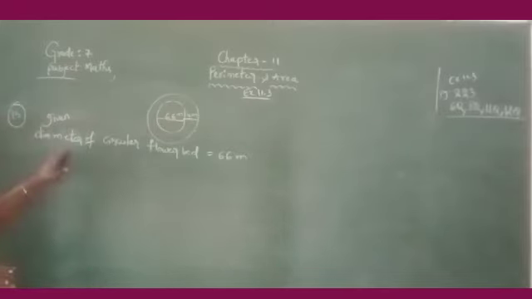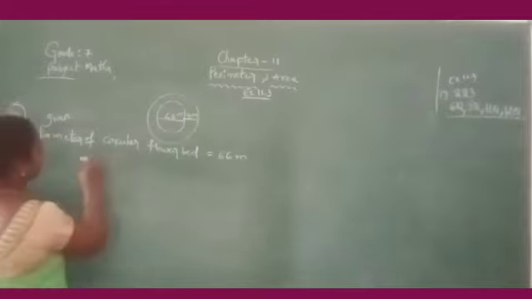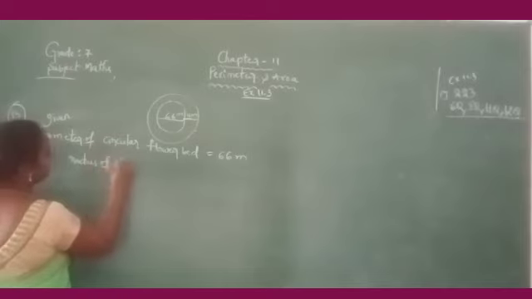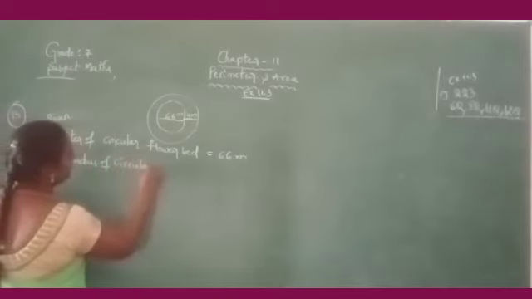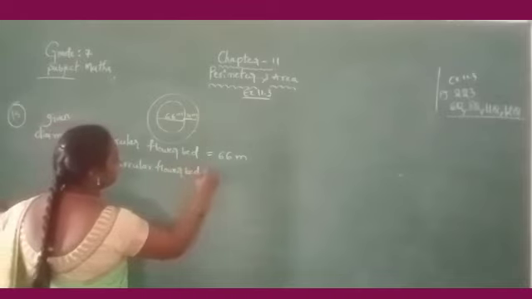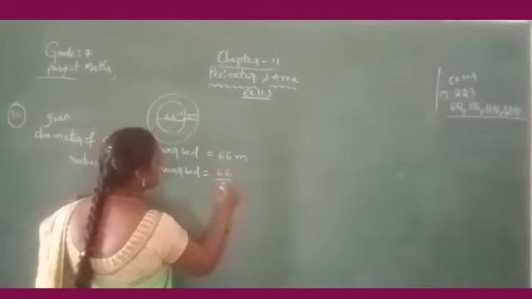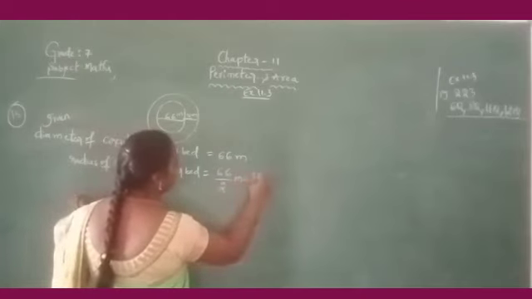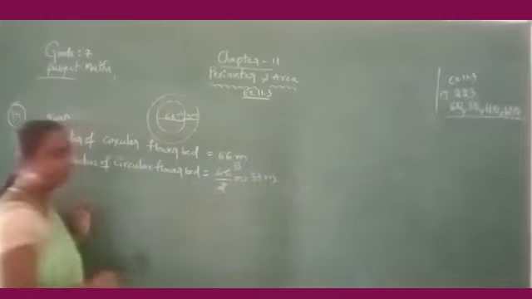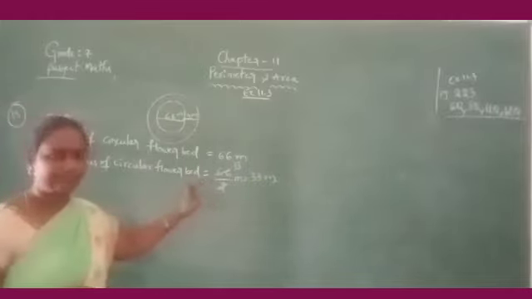So first we need the radius. The radius of the circular flower bed is half of the diameter, that is 66 by 2 meters, which is 33 meters. This is the radius of the circular flower bed.